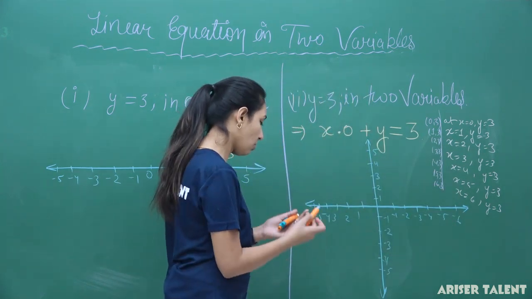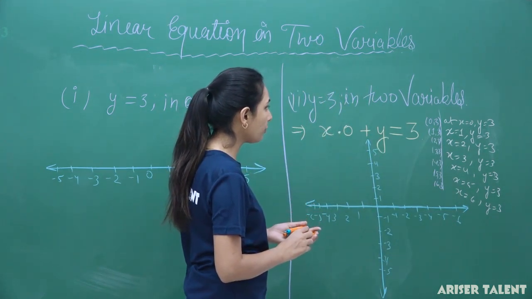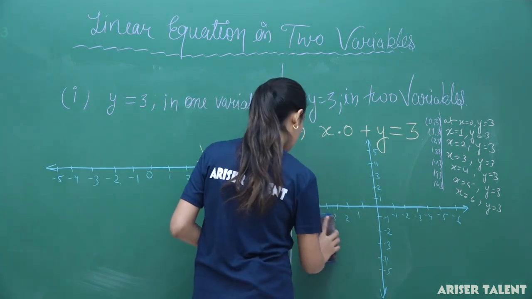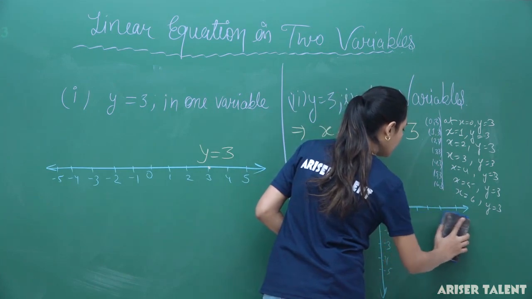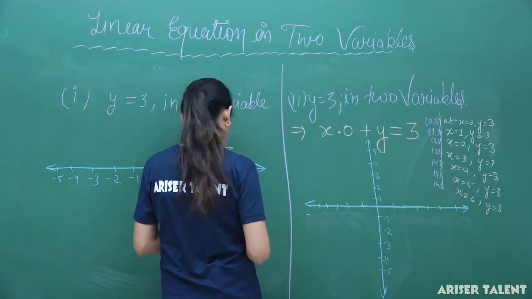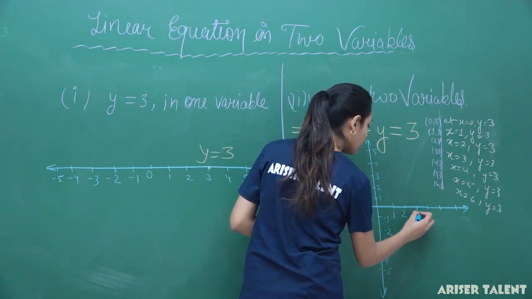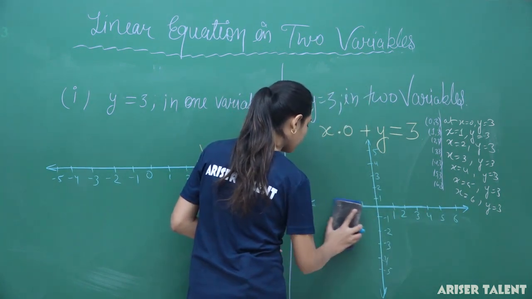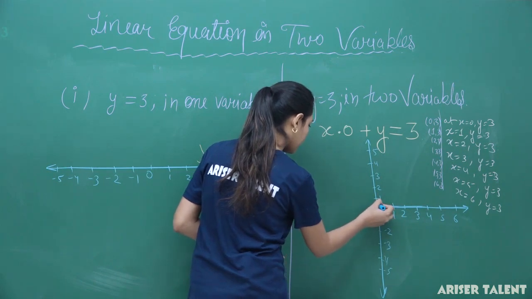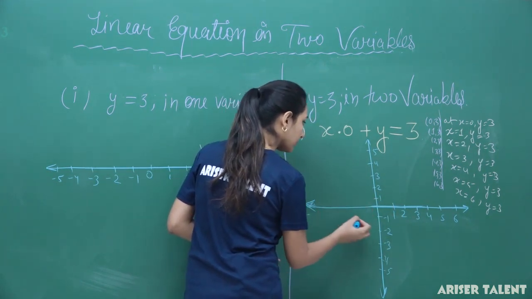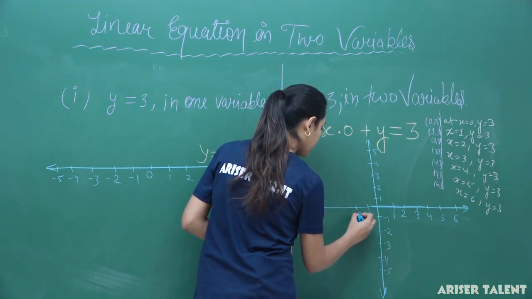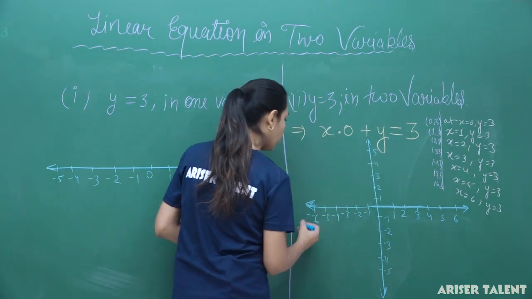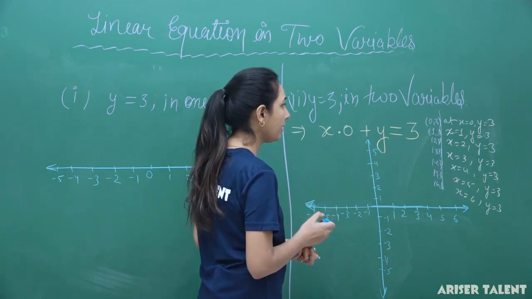These are not minus values, students, corrected: this side is 1, 2, 3, 4, 5, 6 and these are minus 1, minus 2, minus 3, minus 4, minus 5 and so on.